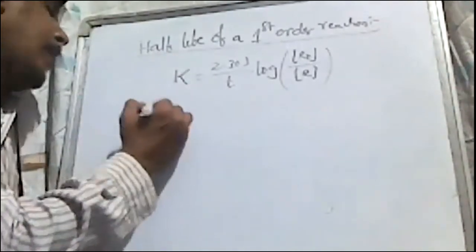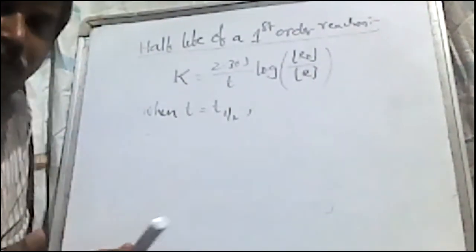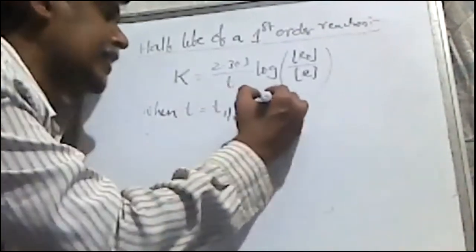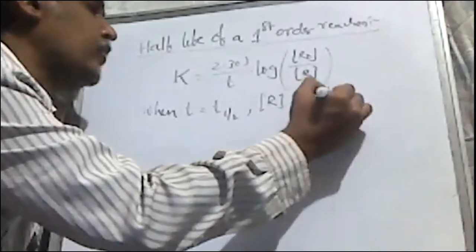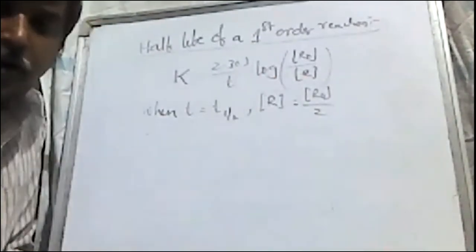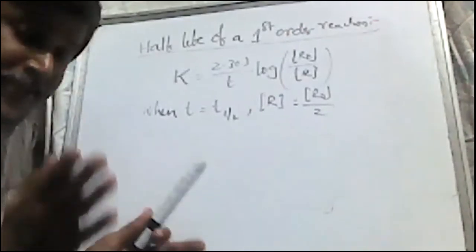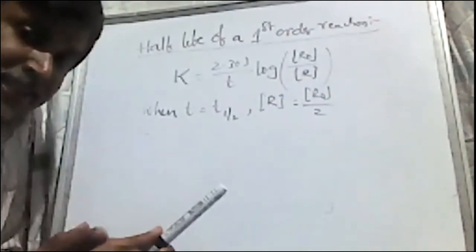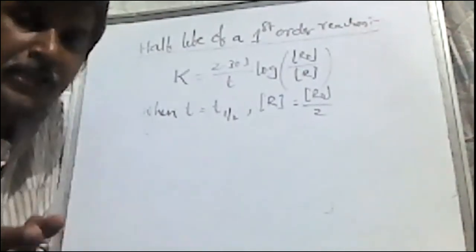Now, when t is equal to t half, whatever time that is equal to the half-life of that reaction, then what will happen? r becomes r naught by 2. So don't confuse r and r naught. r naught is the initial concentration. r is the concentration of reactants after time t.